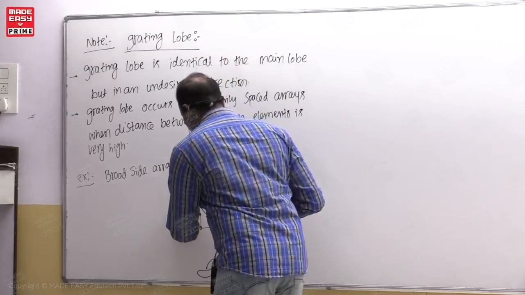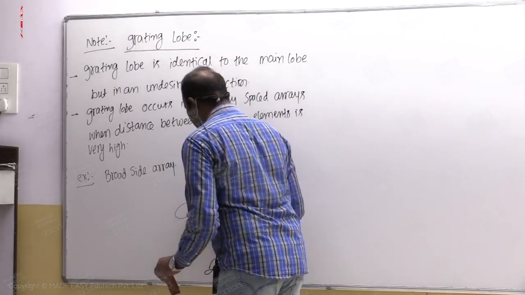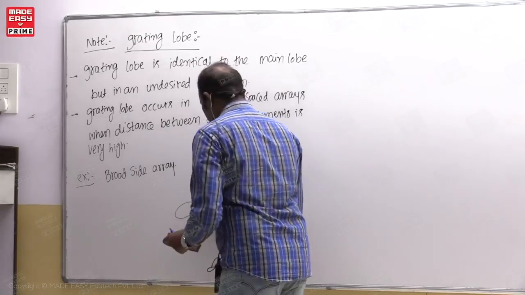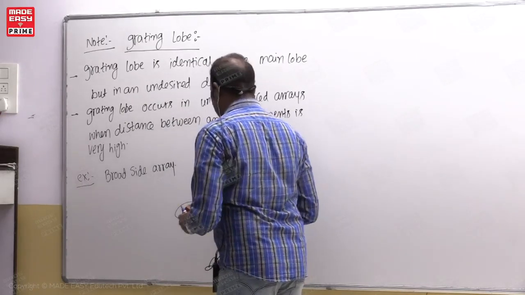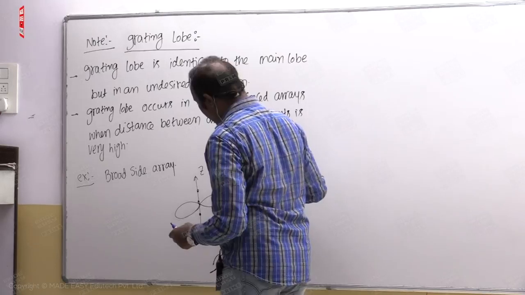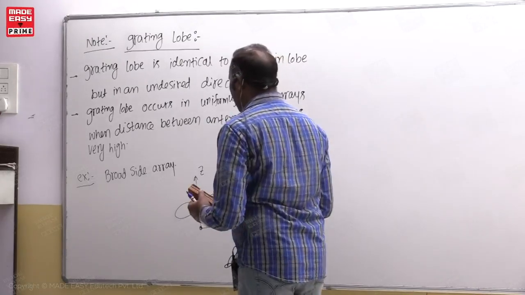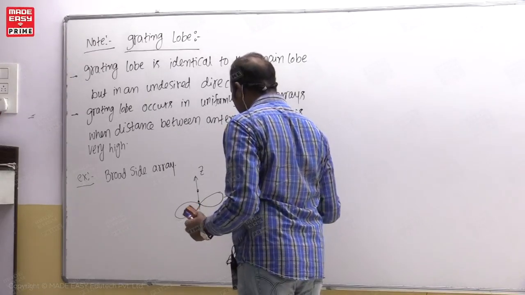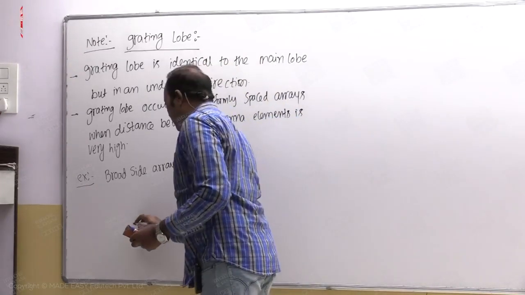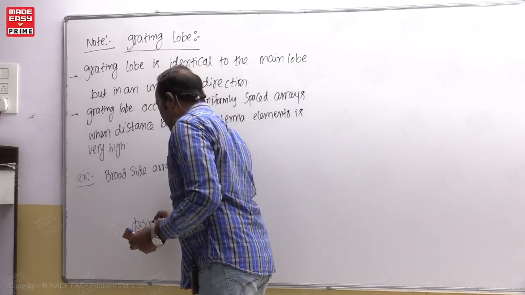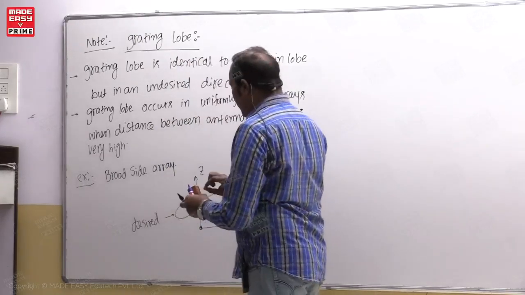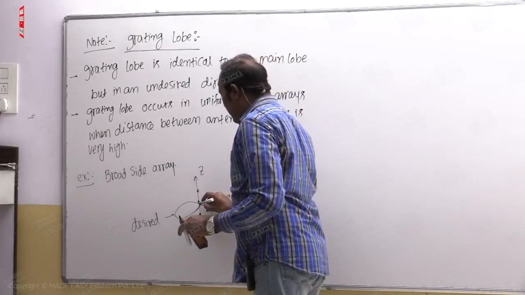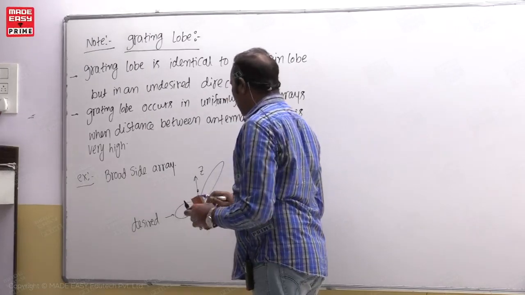Okay, it is symmetric. The radiation pattern required is like this, student. Now this is desired, required. This is also desired, but unfortunately you got one lobe like this.